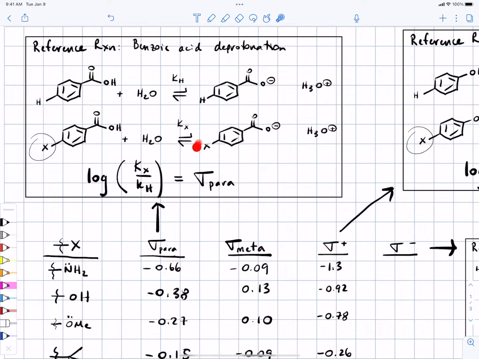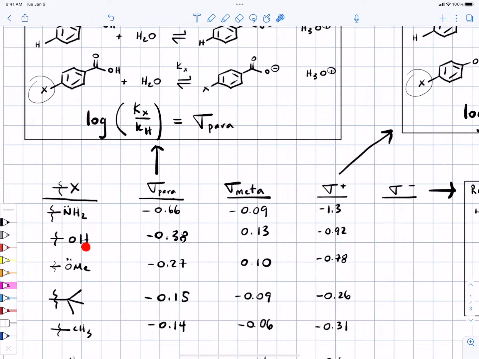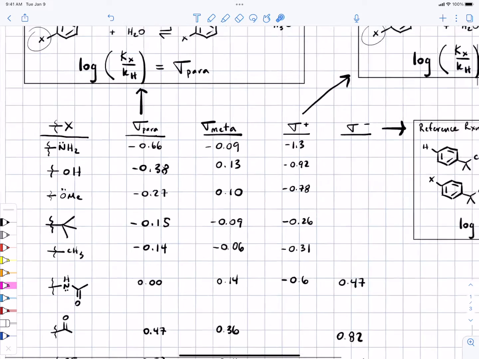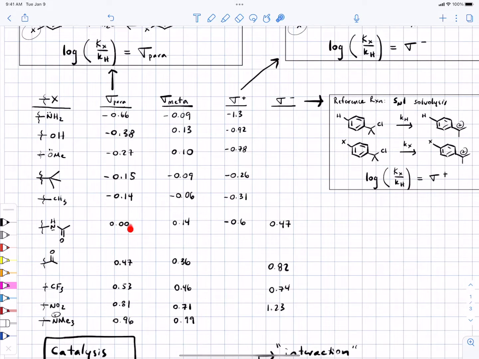It's thought that having something para gives you a sense for the resonance contributor, though it's imperfect because the negative charge on the benzoic acid is not directly conjugated to the ring or to the thing that's on the ring. Nevertheless, as you'd expect, electron donating groups make deprotonation less favorable because they destabilize the conjugate base. And as you get to withdrawing groups, they make the conjugate base more stable.